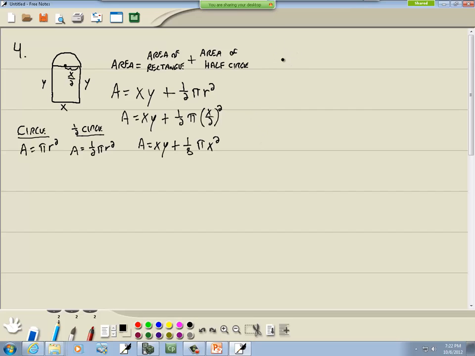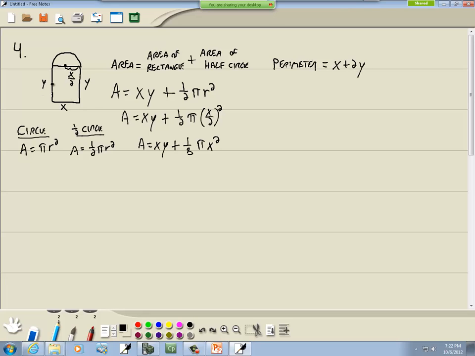Okay, let's look at our perimeter. Now, perimeter is the distance around. I'm assuming the perimeter doesn't include this piece right here that separates the rectangular region from the half circle. It'd be a different setup if we included that, but the distance around would be this distance, y plus x plus y. So that'd be x plus 2y.